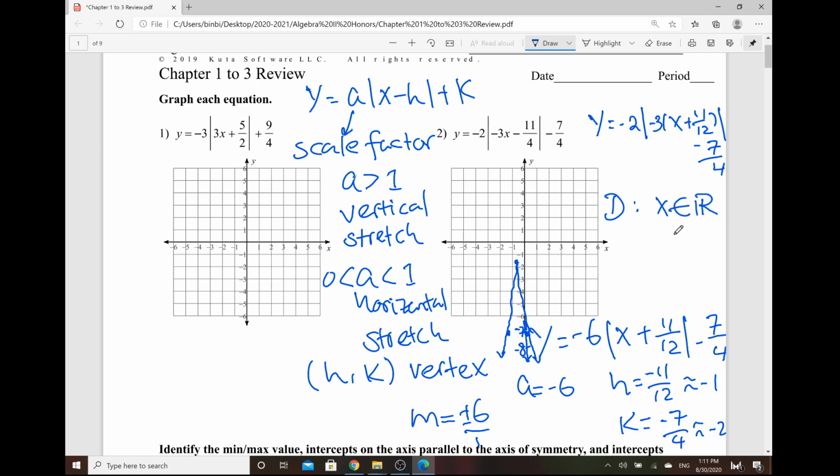Another way you can express the domain is the interval notation. So it's from -infinity to +infinity. And then the range is from -infinity all the way to -7/4, with the bracket. -7/4 with the bracket means that -7/4 is the highest position of the y value.